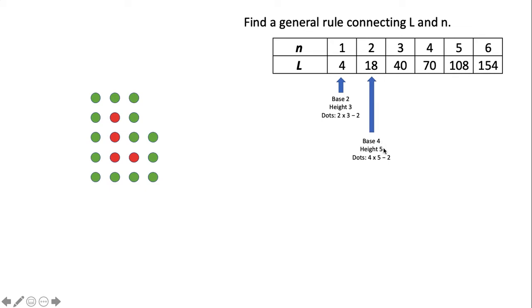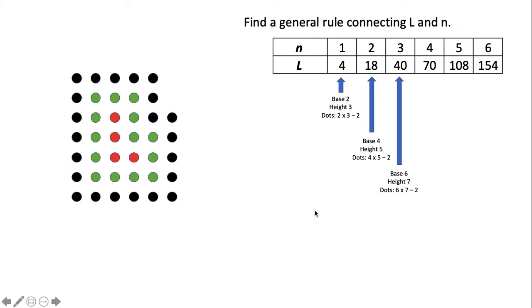And then you can start to see the pattern there. The number of dots when you add in another level, it's base of 6 times the height of 7, minus 2 missing ones. Base 6, height 7, number of dots is 6 times 7, minus 2.